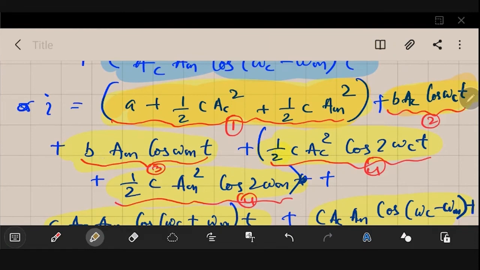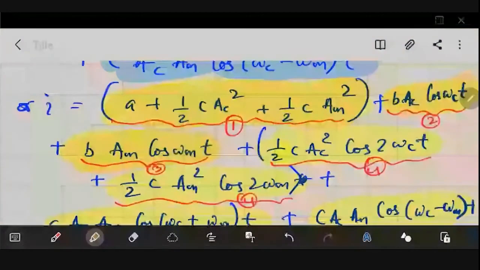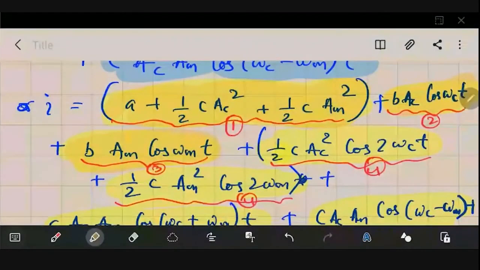Similarly, the third term, B A_M cos omega_M t, is also an input signal, which was your modulating signal. Although its strength has been changed according to B, the same frequency component is there.